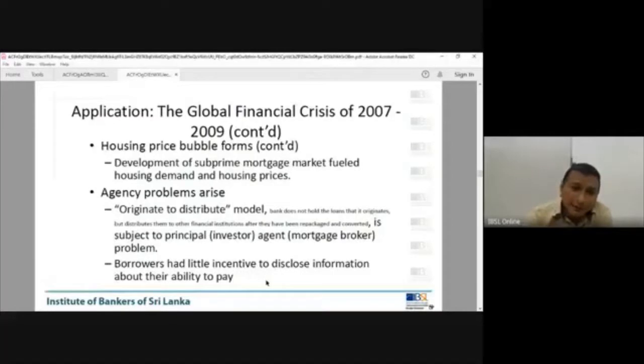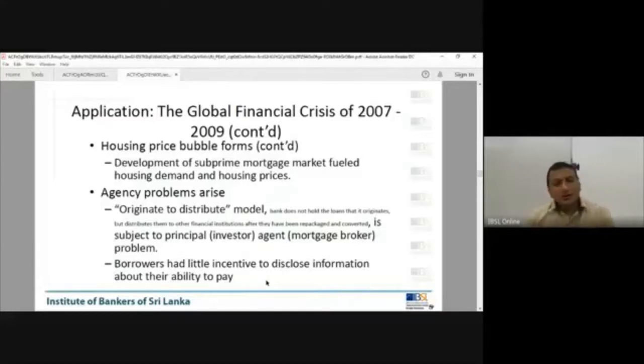So what was effectively seen in the US during this period in the mortgage market is the so-called originate to distribute model. No financial intermediary, mainly the banks, holds the loans that it originates. As I was mentioning, this is the so-called mortgage-backed securities and CDO model. Whatever loans you extend, they don't want to hold in their portfolio, but they distribute them to other financial institutions after they have been repackaged and converted.